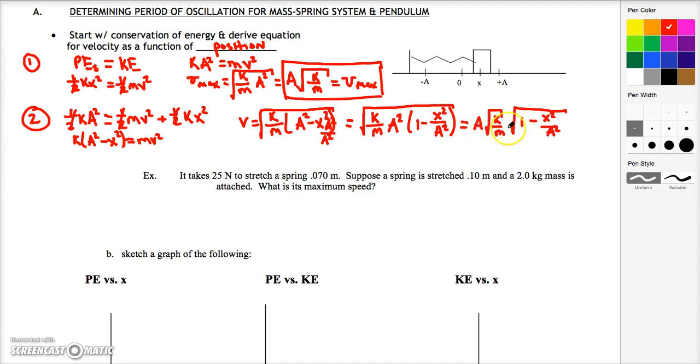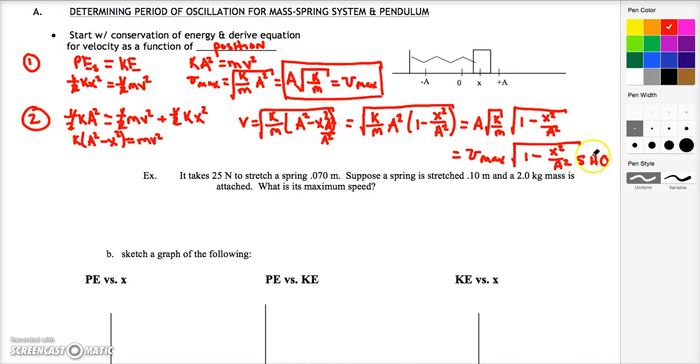Now the reason I wrote it like this is because if we look at what this is up here, this actually stands for the maximum speed. So we have maximum speed times the square root of 1 minus x squared over a squared. This right here shows what we call a simple harmonic oscillator.